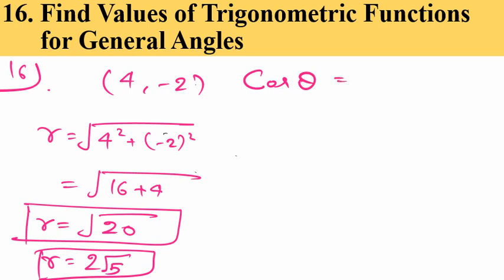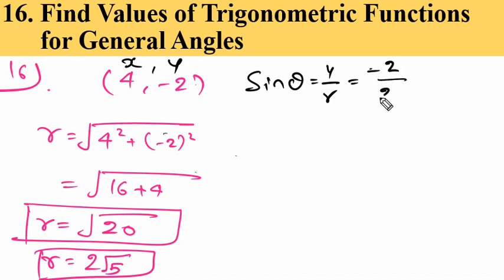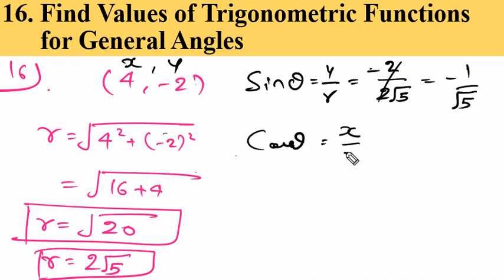We start with sine theta. Sine theta is y over r. Try by yourself. This is x, this is y. Negative 2 over 2 square root 5, that is cancelled, so you will get negative 1 over root 5. Cos theta is x over r, and that will give you 4 over 2 square root 5.